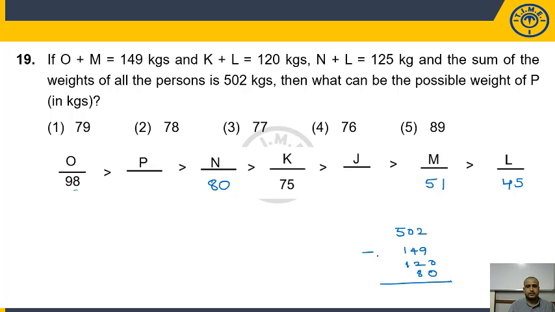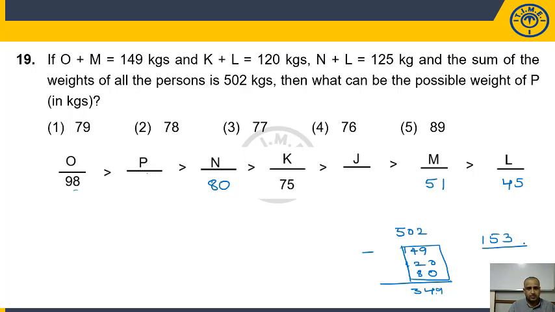If the sum of these three is subtracted from 502, we will get the value of P and J. Now the question is about what can be the possible weight of P. Let's check it. 149, 120 plus 80 is 200. So totally 349. The difference between 349 and 502 is 153.